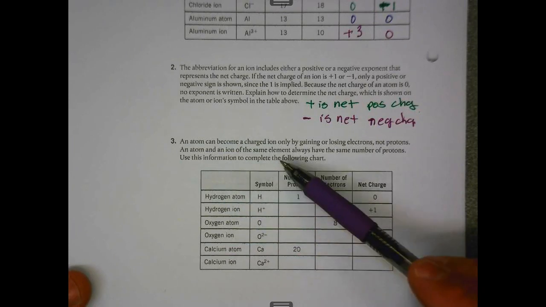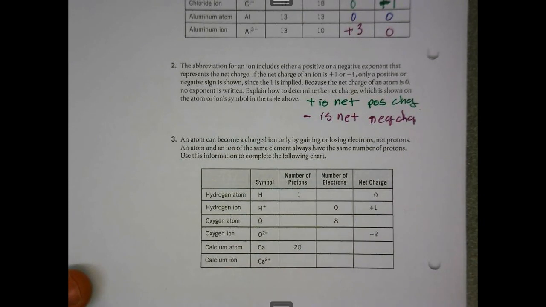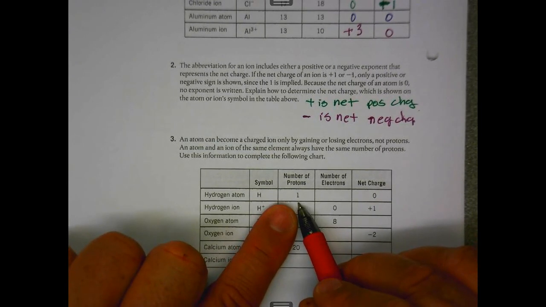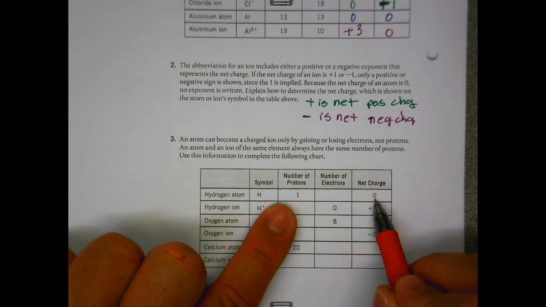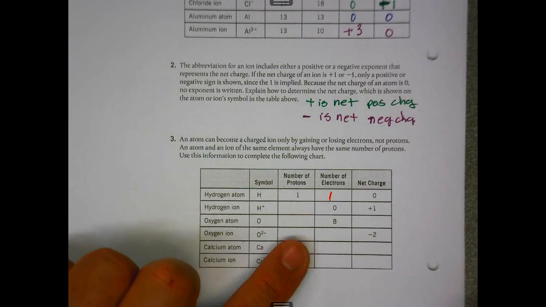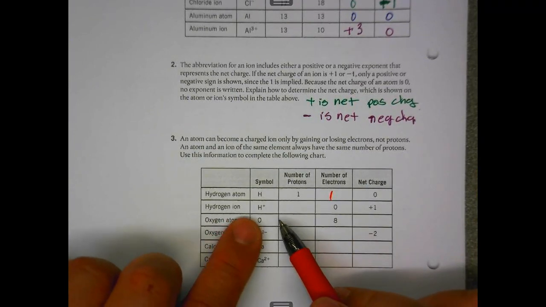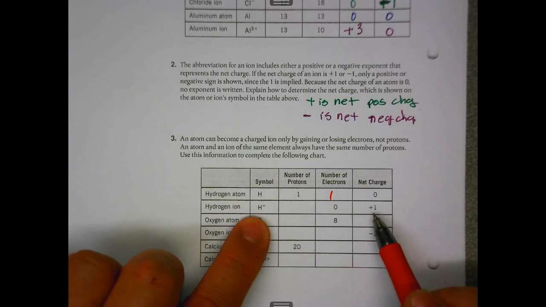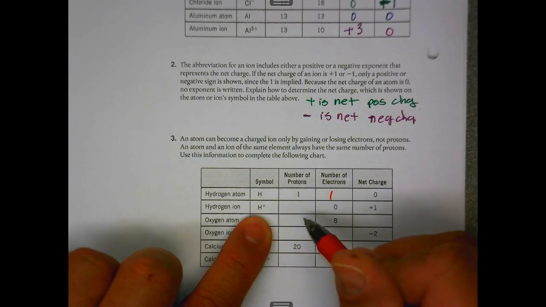Okay, so the hydrogen atom has one proton, which means since there's a zero net charge, it has to have one electron. The hydrogen ion has a plus, so it has a plus one charge, so it has to have one more proton than electrons.